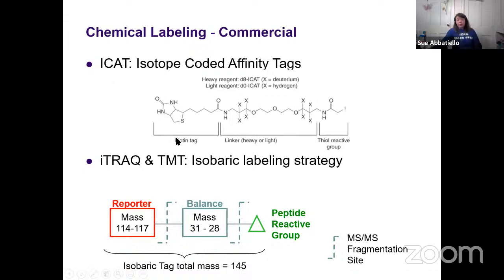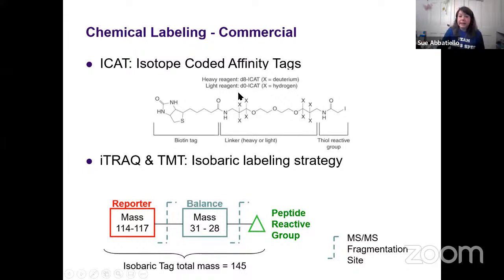So another approach is using chemical derivatization, and this started many years ago with isotope-coded affinity tags, where you've got a thiol reactive group which reacts with your protein or peptides, usually the cysteine residue, and this can be modified to react with a number of different peptide or protein reactive groups, like the N-terminus or primary amines.